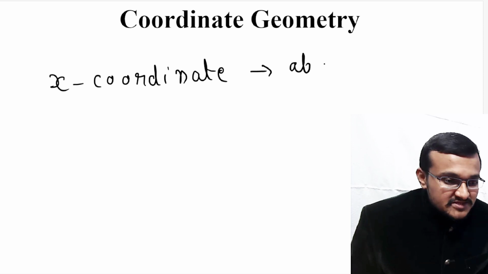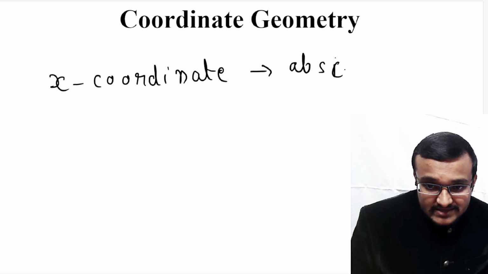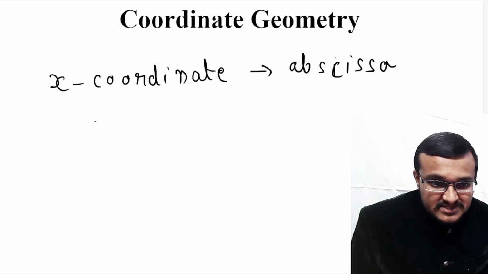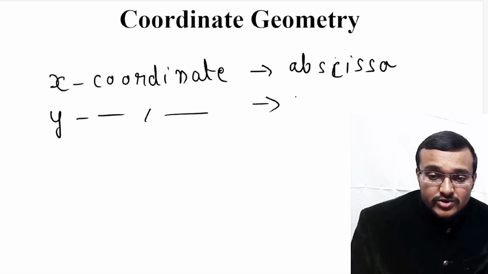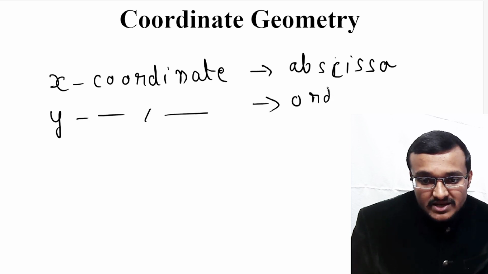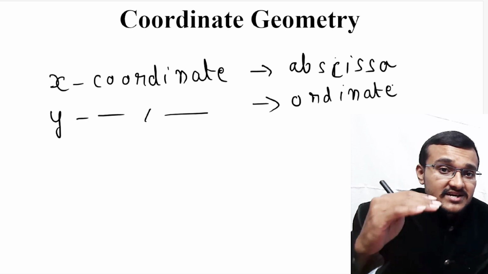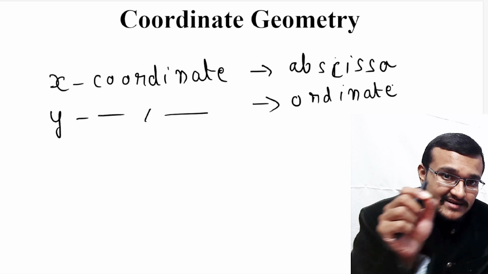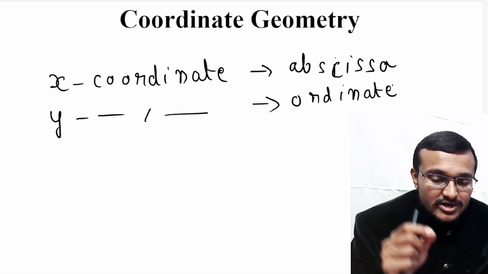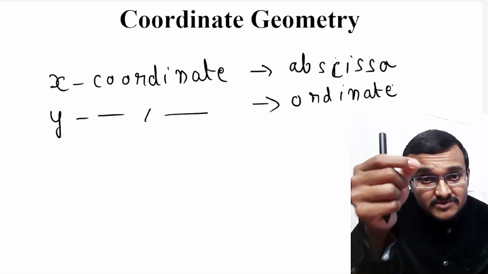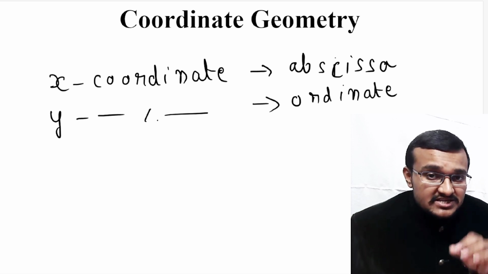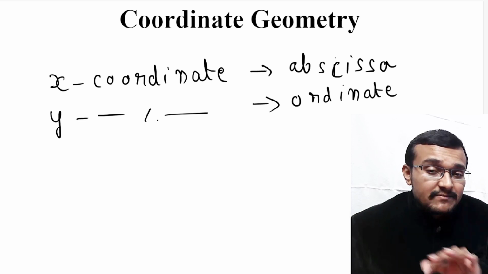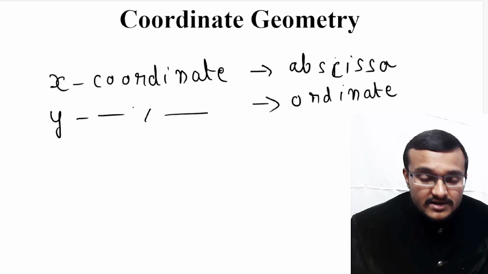The x coordinate is generally known as abscissa, and the y coordinate is generally known as ordinate. The x coordinate is the perpendicular distance from the point to the y-axis, and the y coordinate is the perpendicular distance from the point to the x-axis. Now, based on this, we will look into example 1 and example 2.